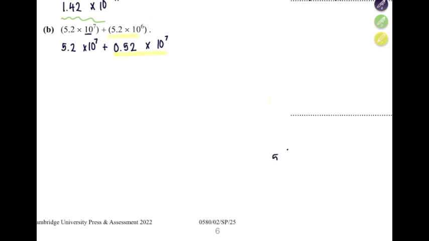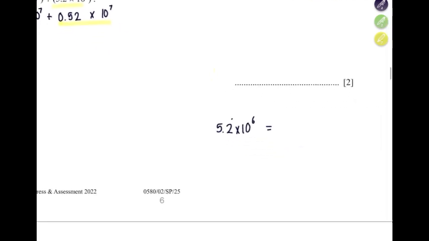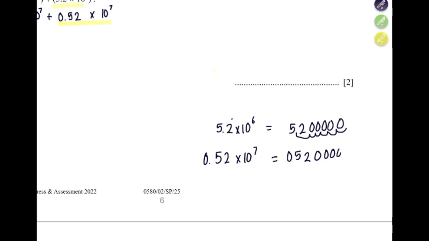If you want, we can check it here. 5.2 times 10 power 6. 1 2 3 4 5. So 1 2 3 4 5 6, the decimal is here, and 0.52 times 10 power 7. 0.52. 1 2 3 4 5 6 7, right?